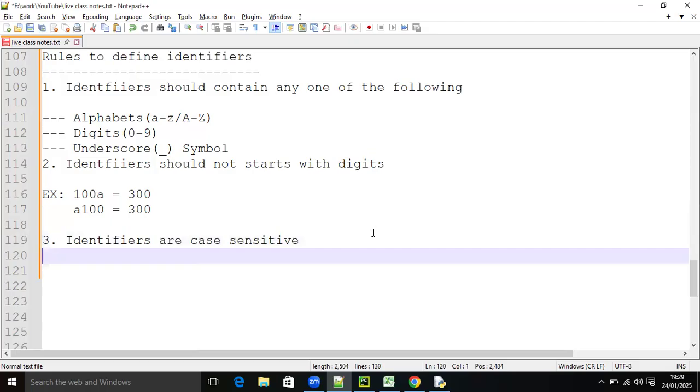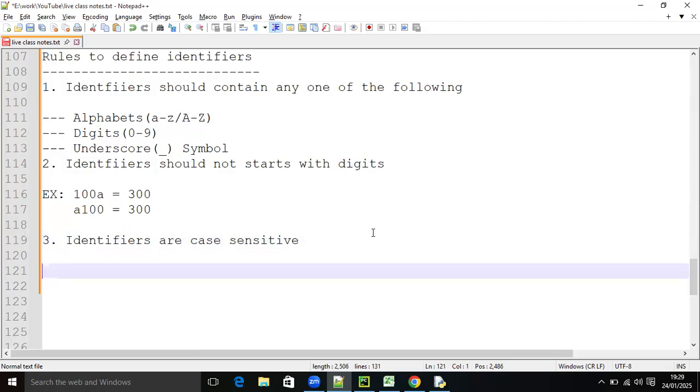First we need to know what is case sensitive. Case sensitive is the difference between the small alphabets and capital alphabets. Here these are the small alphabets, these are the capital alphabets, as we know. It will take both small alphabets and capital alphabets as input.